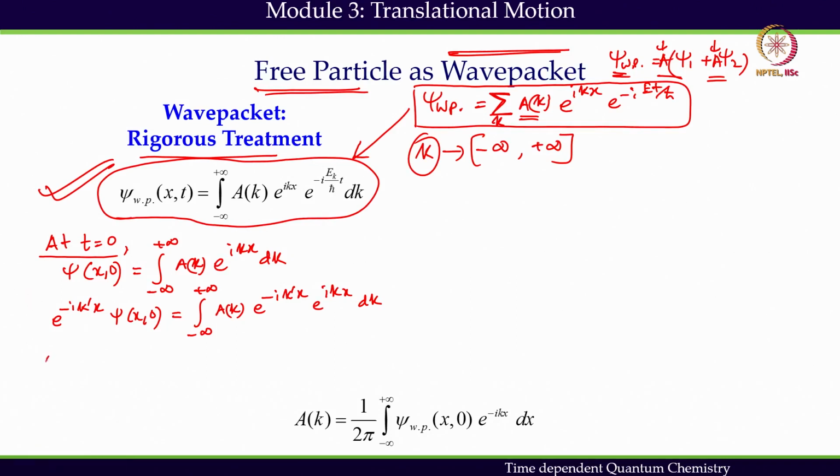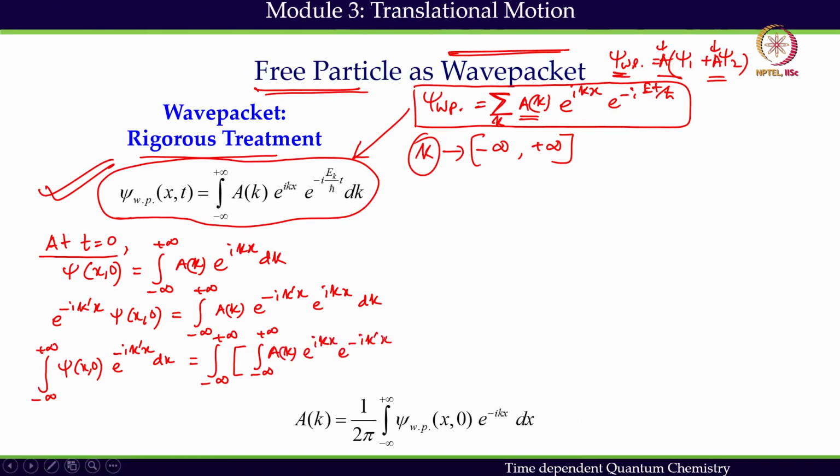So if I do that, what will happen? Integral from minus infinity to plus infinity of psi x0 e to the power minus i k dash x dx equals integral from minus infinity to plus infinity of a k e to the power i k x e to the power minus i k dash x dk, then dx.